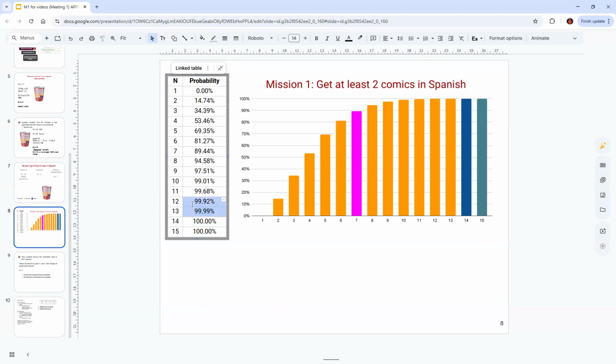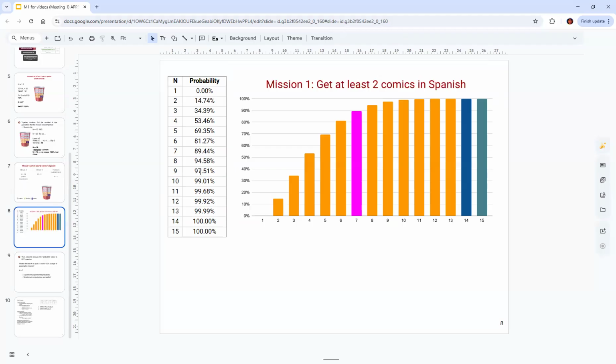So 13 gives me 99.99% of passing. 12 gives me still 99, and even 11 gives me more than 99, and 10. So from 10 to 14, 15, it's practically the same. Unless you play 100 games or many, many games, you're not going to probably notice the difference.